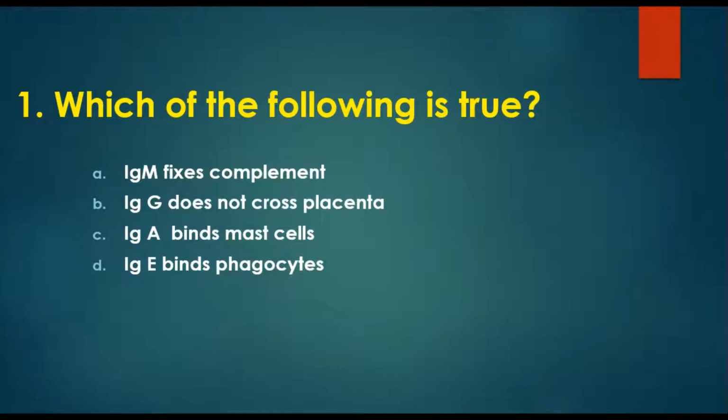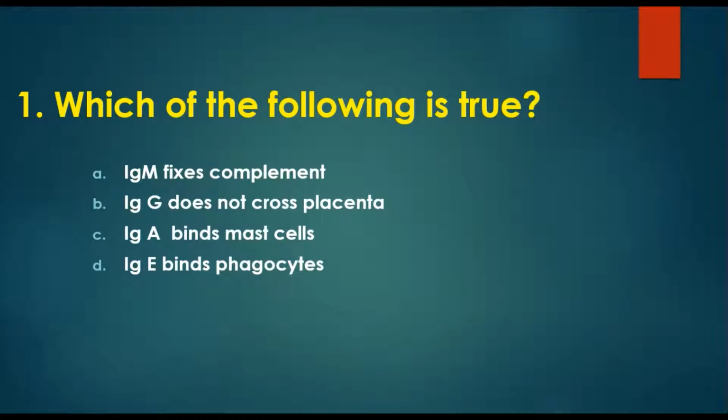Coming to the first one, IgM, that is immunoglobulin M, fixes complement. No, immunoglobulin M is not going to fix the complement, so it is wrong. Then immunoglobulin G does not cross placenta. No, that's the only immunoglobulin that is going to cross the placenta, so that is also a wrong option.